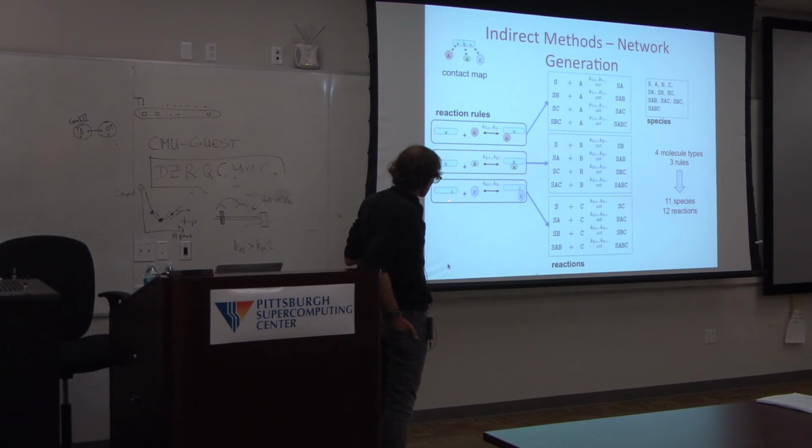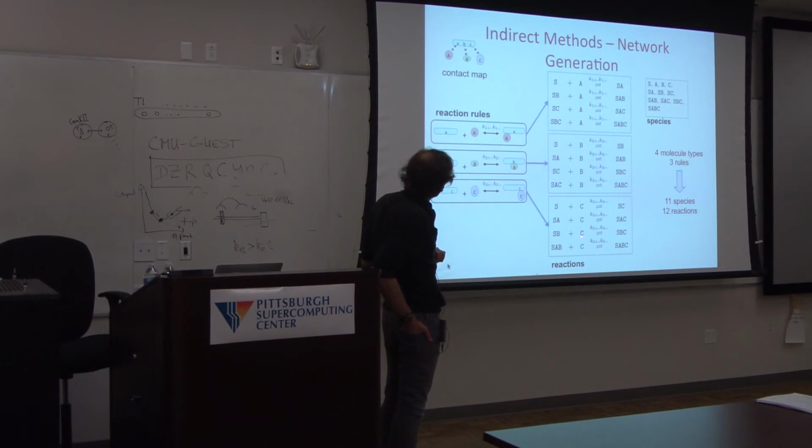So we have three rules that specify that there's no context in any of these. They just say that A binds to the A site, B binds to the B site, and C binds to the C site of this scaffold. And then that generates a reaction network with the following reactions. So the A binding reactions are shown here, the B ones are shown here, and C ones are shown here. There's a total of 12.